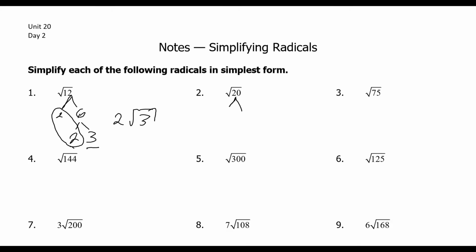Same thing for number 2. We split apart the 20 into 2 and 10, 2 and 5. Circle your couple, underline your single. Okay? Couples go out, singles stay home. Alright? Now number 3, okay?